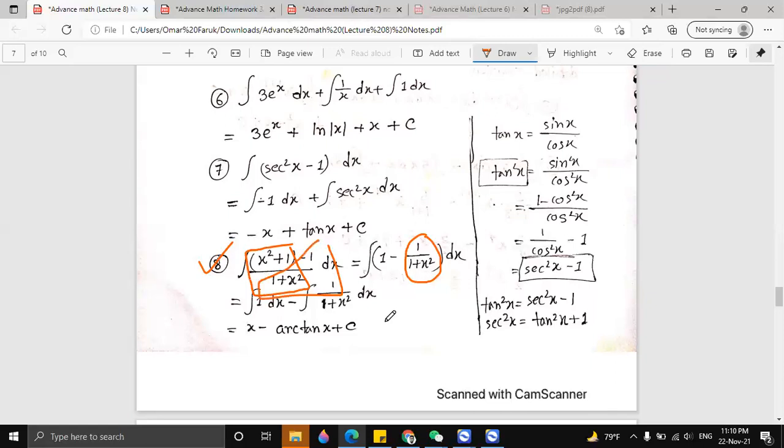So let me give you a simple example like 2 plus 1 minus 1 divided by maybe 3, okay, maybe 4. 2 plus 1 minus 1 divided by 4. So you can write it this way like 2 plus 1 divided by 4 and minus 1 by 4, right?